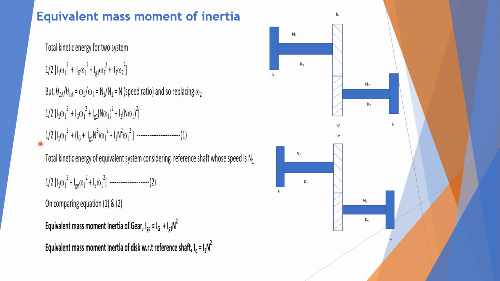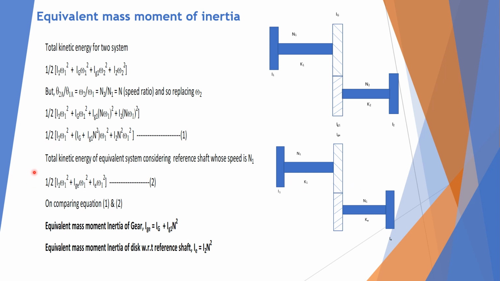So after this we can write half of [I1 omega 1 square plus (I capital G plus I small g1 n square) omega 1 square plus I2 n square omega 1 square]. This is equation number 1.